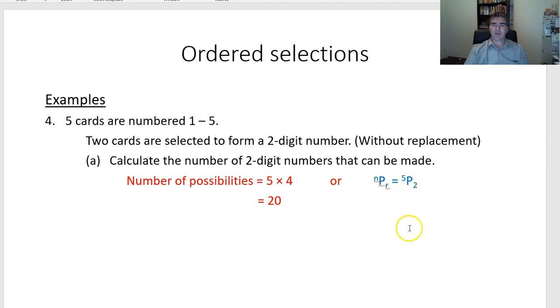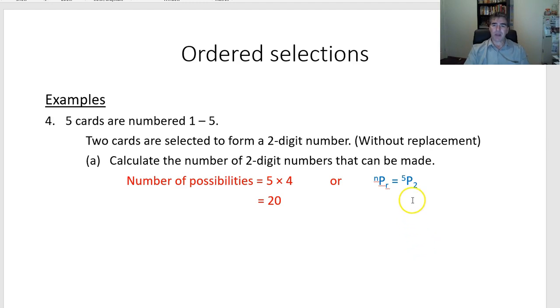Now something I failed to remember or to mention before was I was told by a colleague who's been teaching for a number of years that we can emphasize this P so that we know which one we're doing, because later on we'll have a look at combinations and people get them mixed up.